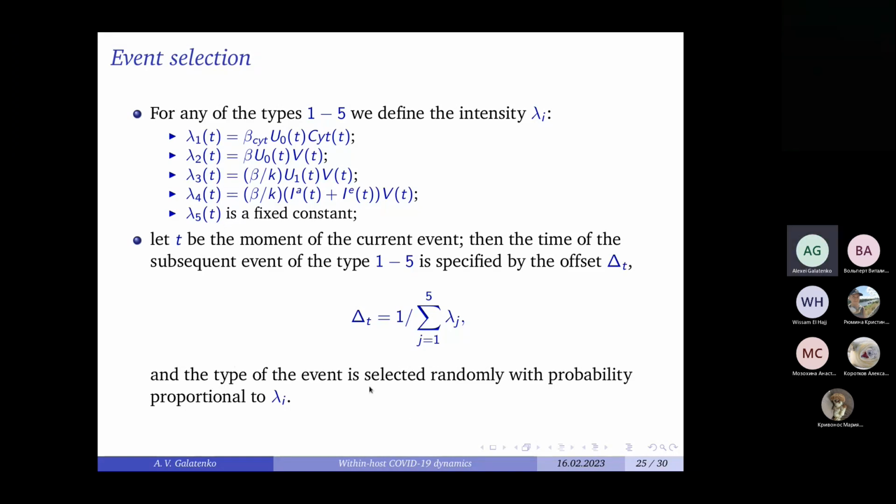And the type of the event is selected randomly with probability proportional to the intensities. This model, in essence, is a variation of the well-known Gillespie model that allows performing such event-based modeling.